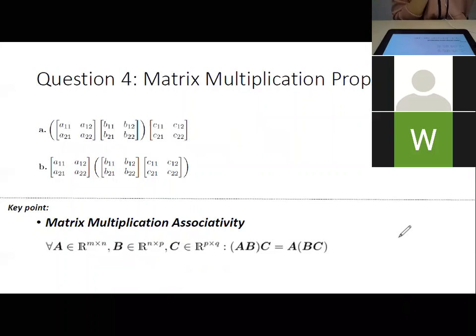in question 4, we are going to talk about the properties. I will not spend much time on this topic because I think it's very intuitive. I will spend a very short time to explain this.